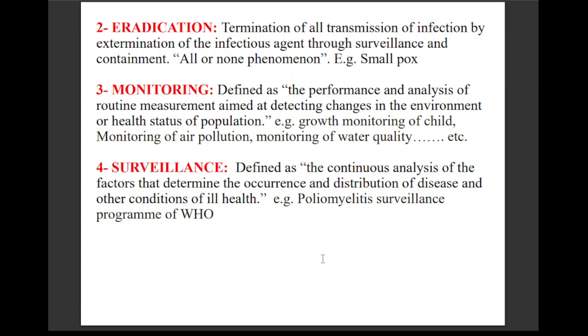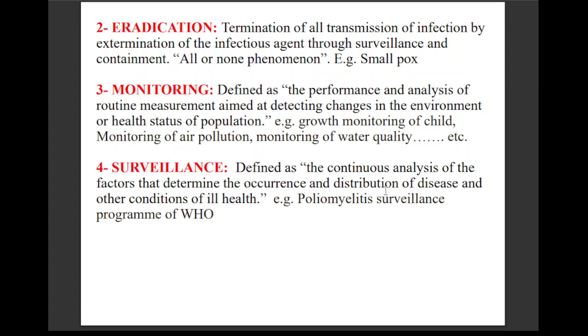Next is surveillance. It is defined as the continuous analysis. Herein we are carrying out the performance and analysis of those conditions. It is like we are watching it like a CCTV. What it does is keep a watch on a particular area or location. Likewise, we are watching for a particular disease in a society or a particular geographical location.